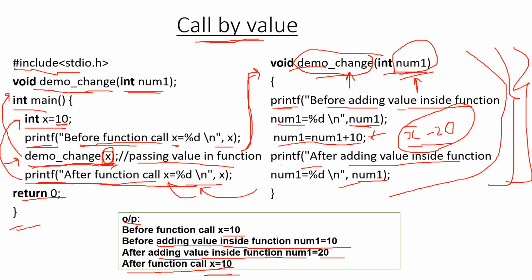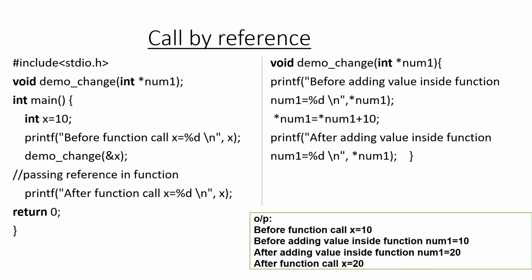Once it returns to the integer main here, you can see x is 10. Now, there is one more difference between call by value and call by reference, that was about memory location. When call by reference is used, this obstacle is overcome. Now we can actually change the value of the formal parameter as well as the actual parameter.